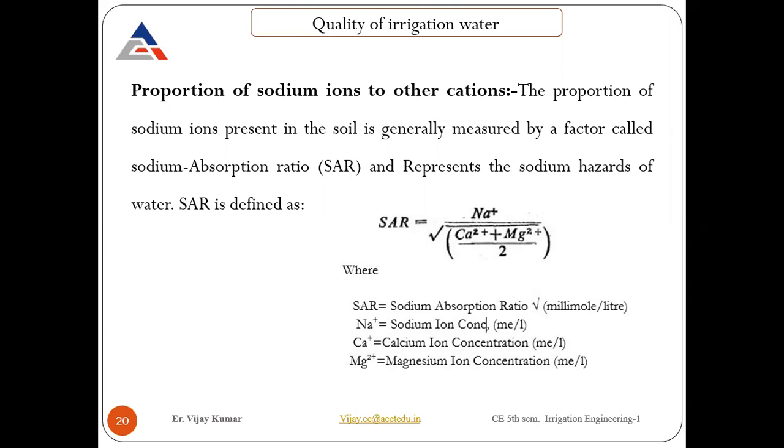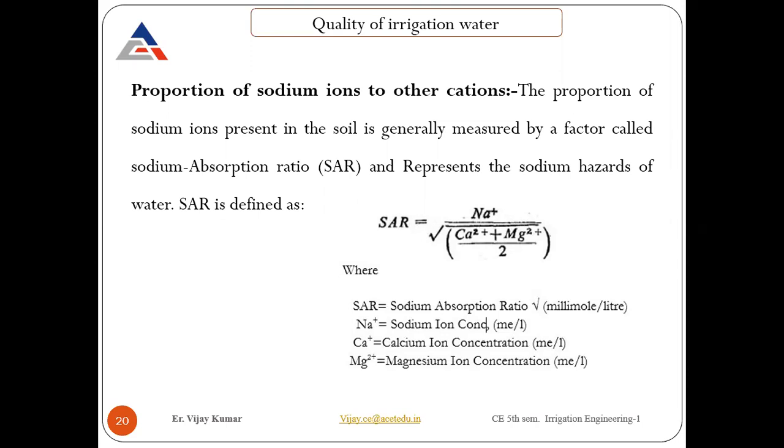SAR can be calculated as given in the relation, which is equal to sodium ions divided by the square root of calcium ion plus magnesium divided by 2.